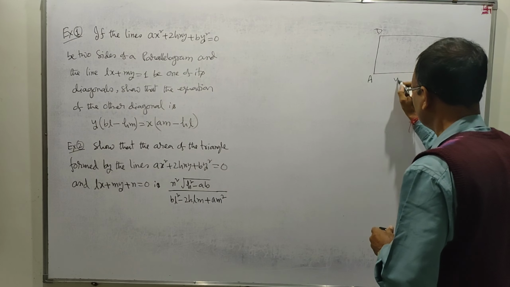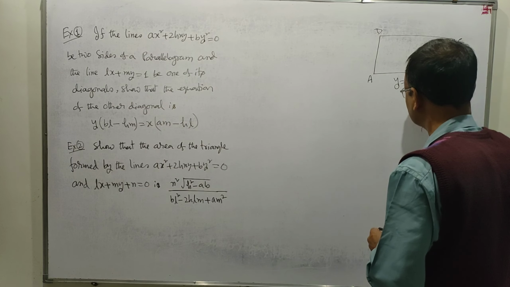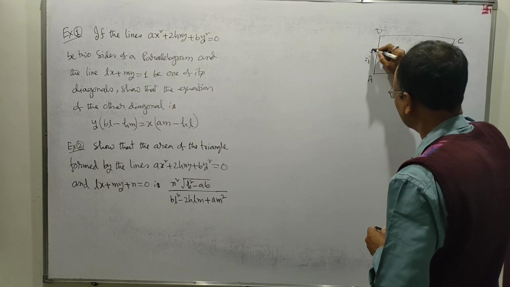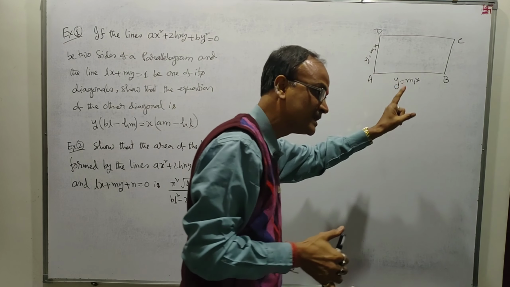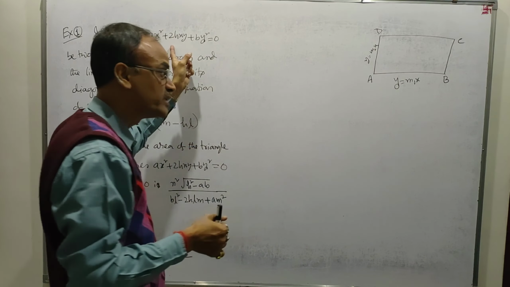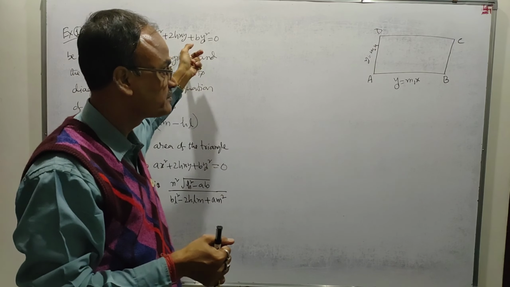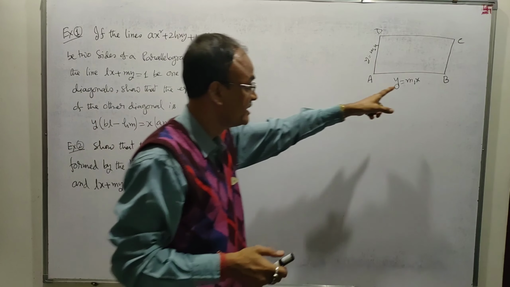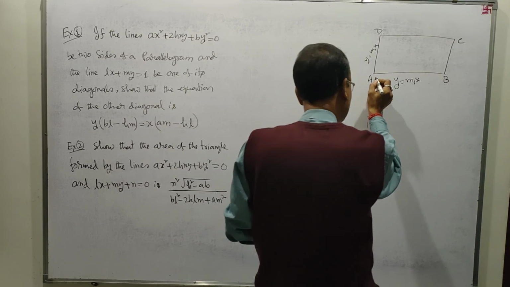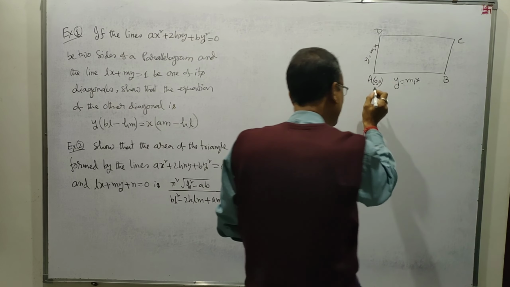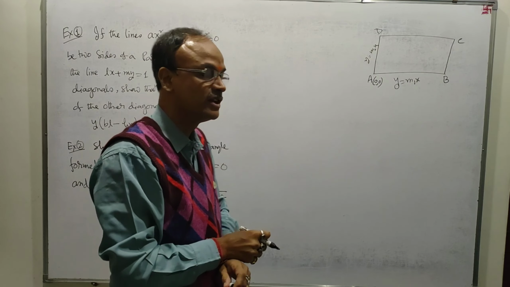Suppose y equal to m1x, y equal to m2x be two straight lines represented by the homogeneous equation of second degree. Obviously, these two straight lines pass through the origin. Therefore, the coordinates of A must be 0, 0.